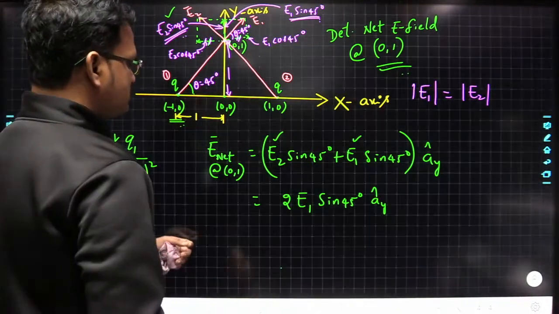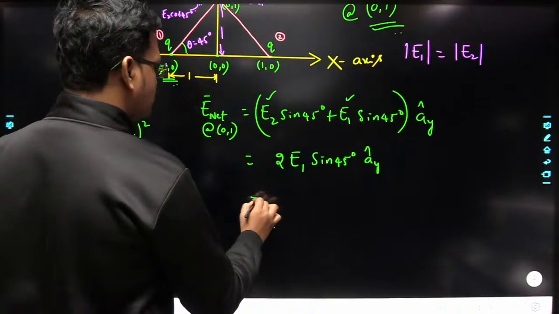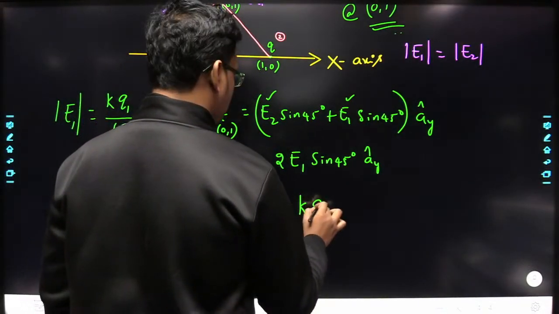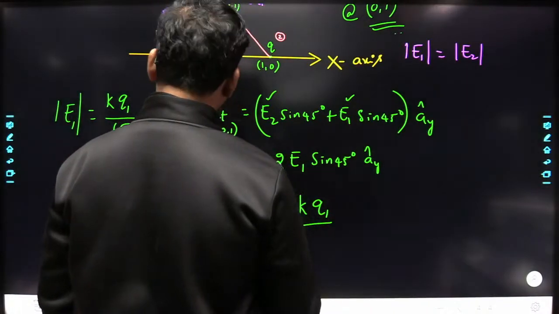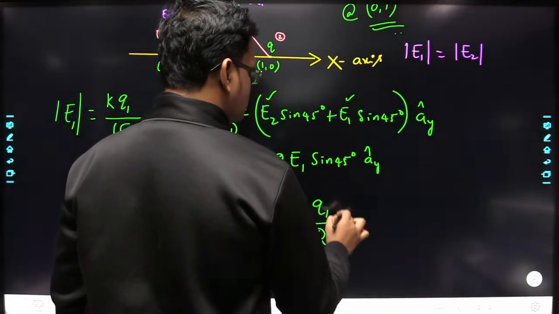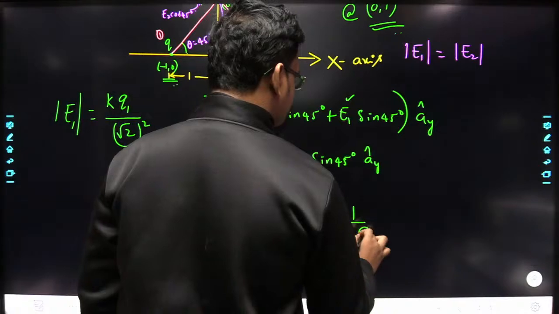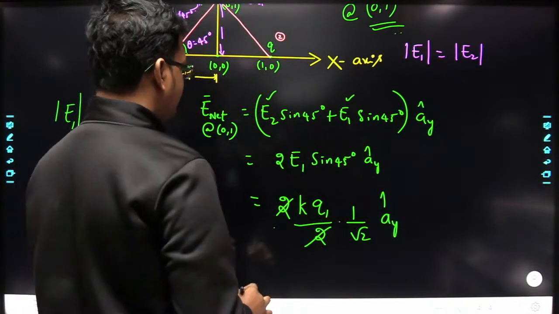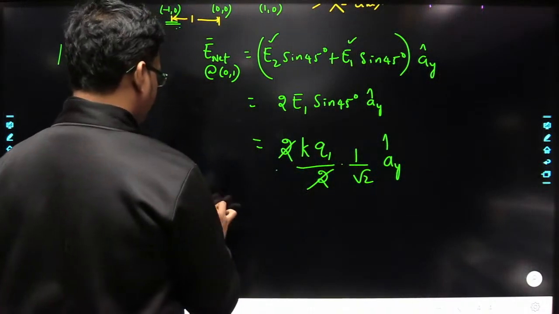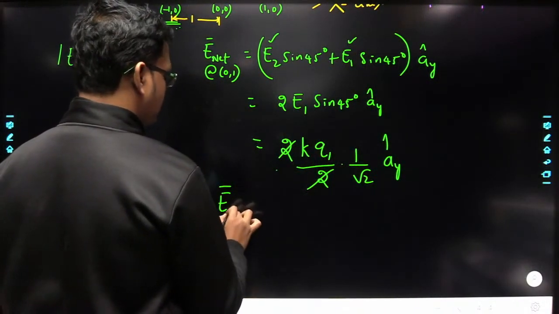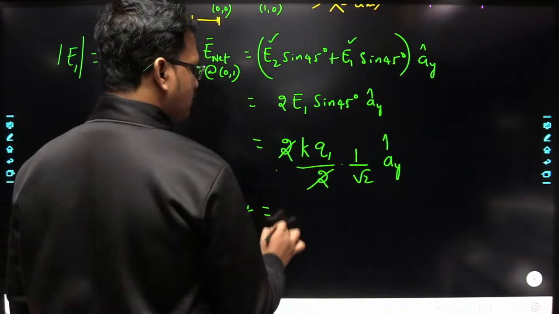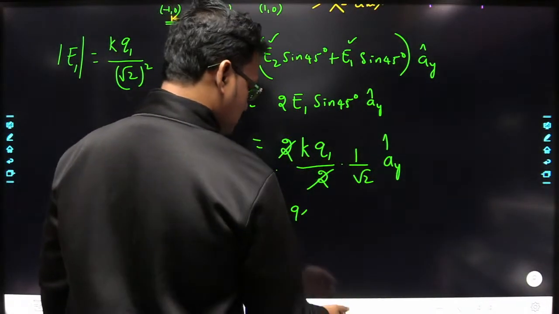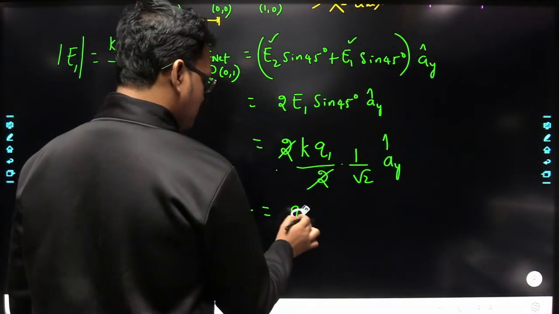So just substitute this here. So what you are going to get? 2 into K into Q1 divided by root 2 whole square, which is nothing but 2, and sin 45 is 1 by root 2, y-cap. So here the 2 will get cancelled. Therefore the net electric field is equal to K, the value is 9 into 10 power 9, you can substitute that, no problem.